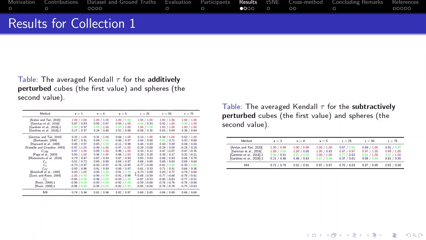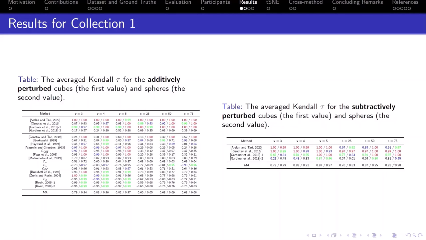For subtractive perturbations we consider only 4 methods, because in the case of subtractive perturbations the projections may mislead us, because they appear only when they appear on the border of the shape, which interferes with our controlling parameters. So we have discarded that case.